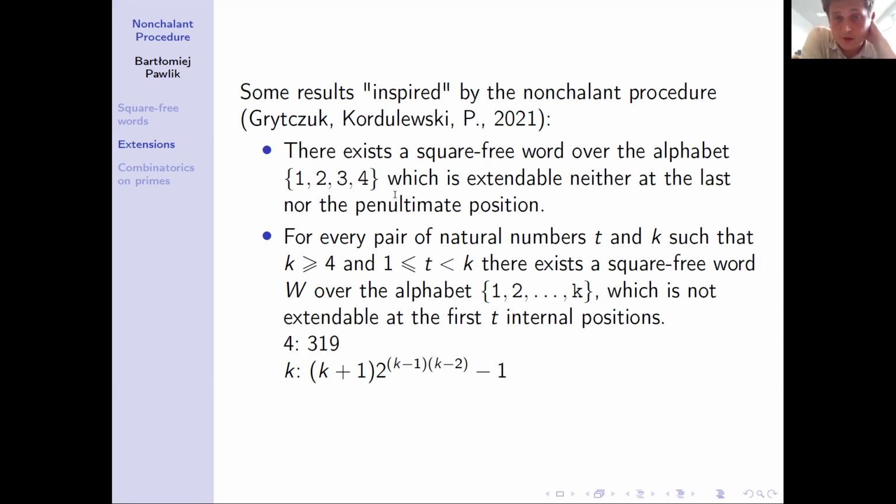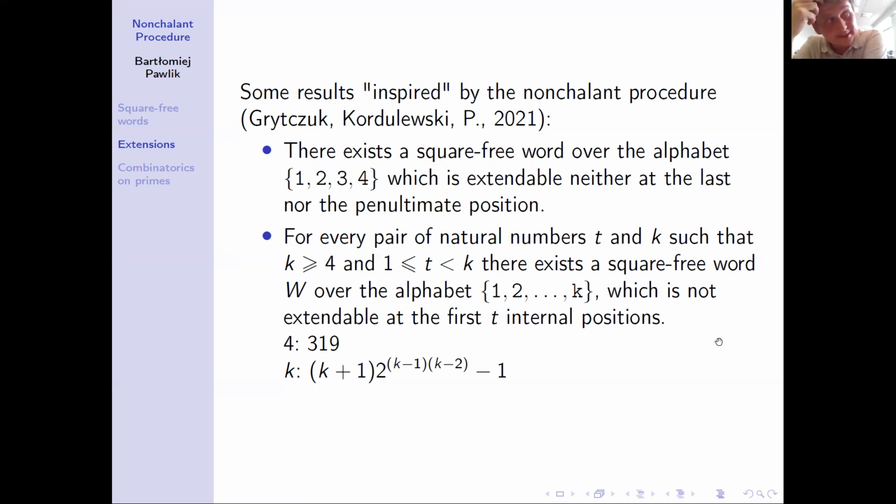Another more general result is that for every pair of natural numbers such that k is greater or equal 4, t is less than k, there exists a square-free word over the alphabet 1 to k, which is not extendable in the first t internal positions. And our proof is constructive.